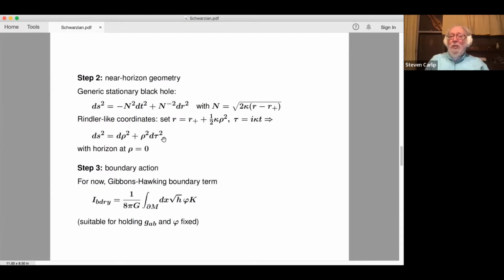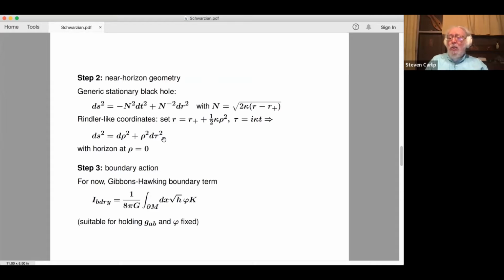I've spent years working on trying to understand the symmetries near the horizon. There is a lot of symmetry, but it depends. The symmetries depend on exactly how you define the near horizon limit.